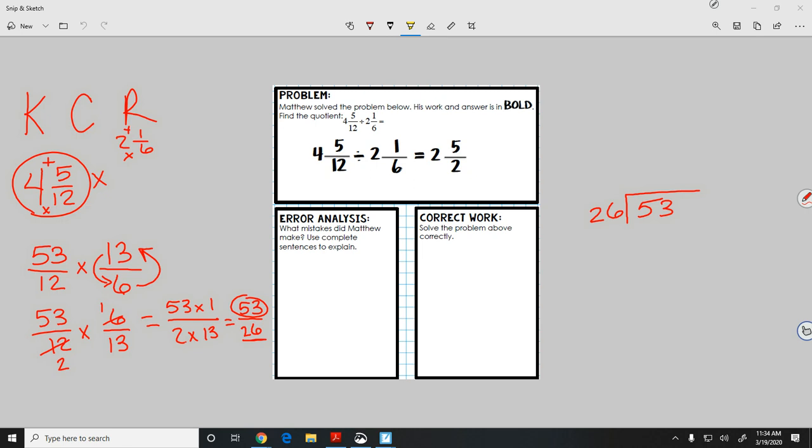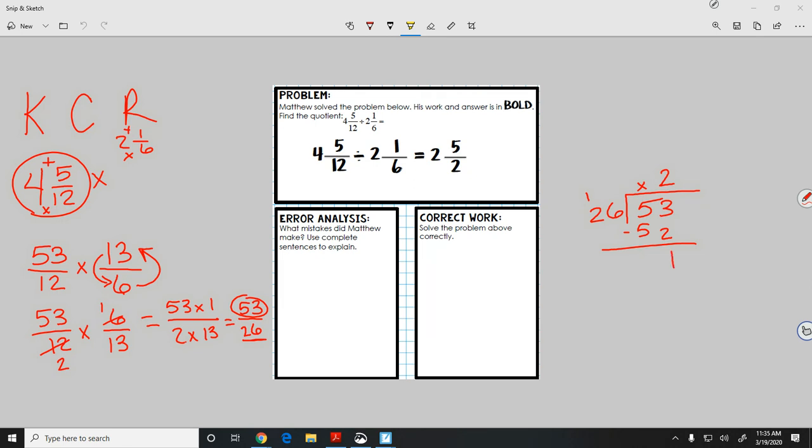Now we have to think to ourselves, will 26 go into 5? No, because 26 is bigger than 5. Will 26 go into 53? Yes, it will. How many times? Let's try 2 times. 2 times 6 is 12, carry the 1. 2 times 2 is 4, plus the 1 that we carried is 5. So we have 53 minus 52, and our difference is 1.